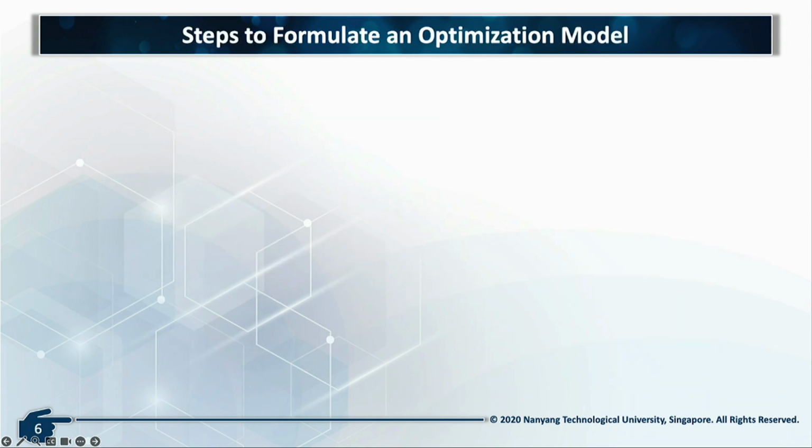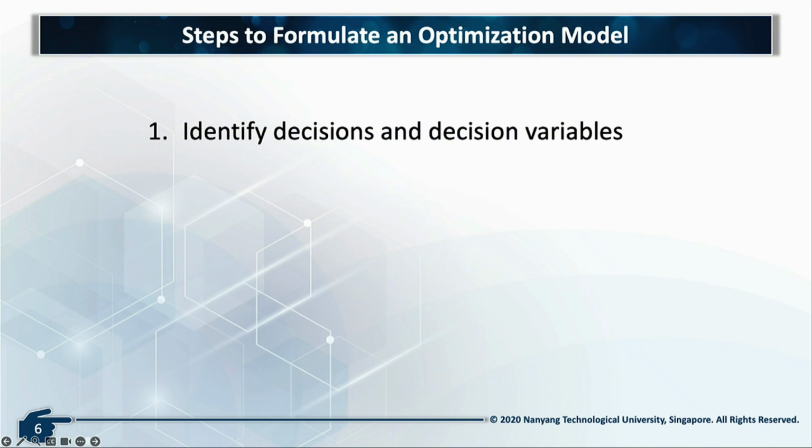So now, let's try to summarize the steps in solving this Lego game. So basically, this is a decision-making process, right? In formulating a decision-making process as an optimization model, we should identify what decisions are involved and use some variables to encode those decisions.